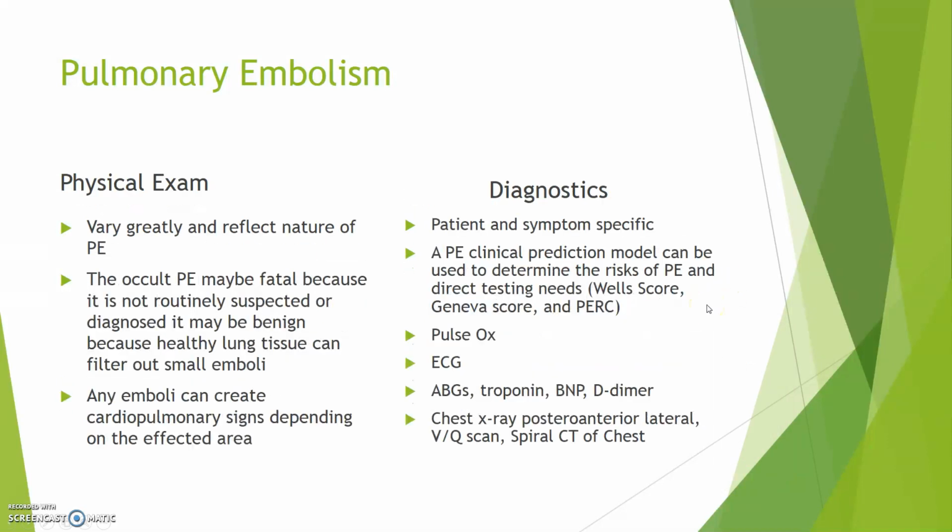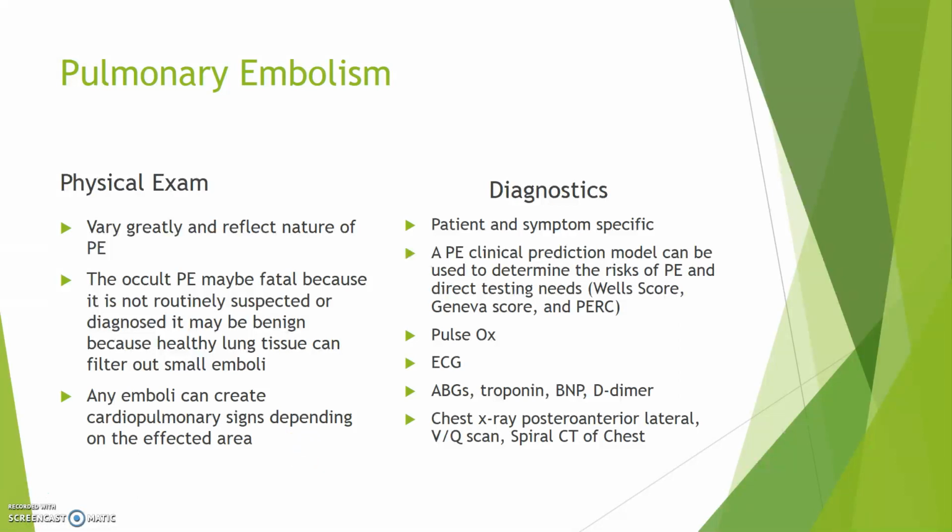So physical exam, again, varies greatly and reflects the nature of the pulmonary embolism. The occult PE may be fatal because it's not routinely suspected or diagnosed, though it might even be benign, in contrast, because healthy lung tissue can filter out small emboli. But any emboli can create cardiopulmonary signs depending on the affected area.